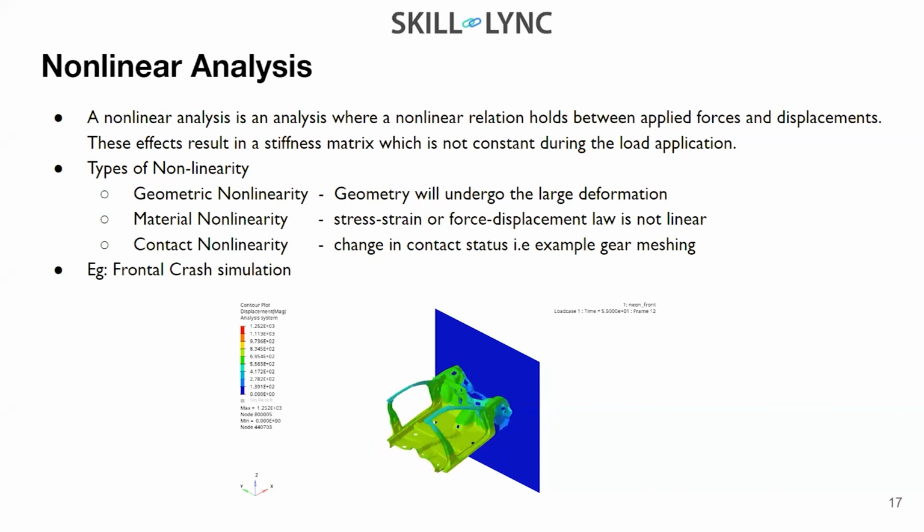There will be n nodes, and each node will have a particular stiffness at different loading conditions. So ultimately a stiffness matrix will be developed, which will not be constant during the loading application.